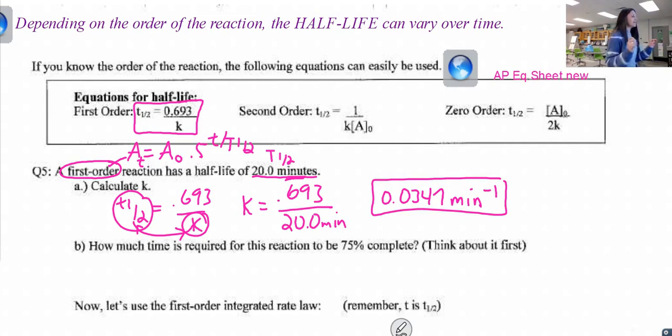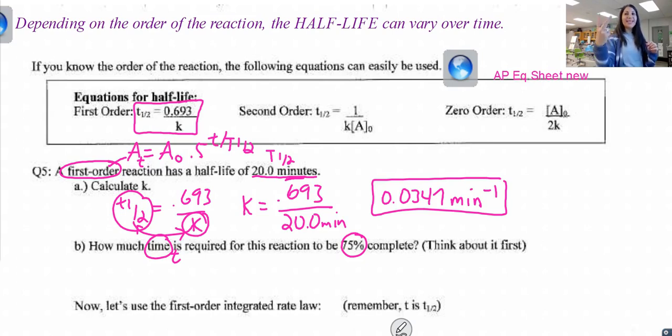Now watch this question. It says, how much time, looking for t, is required for this reaction to be 75% complete? Now what we're going to do first is think about it for a second, okay? So I know that 20 minutes is the half-life. So every 20 minutes, I know that half of it is gone. So if it's 75% complete, then what we're thinking is, okay, after one half-life, it's 50% complete.